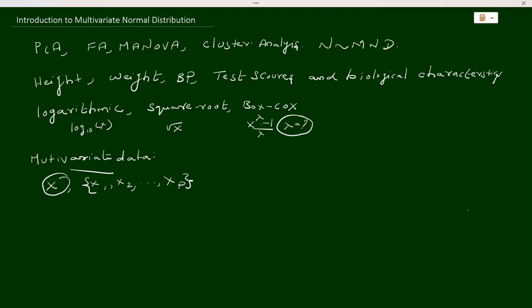For example, suppose imagine a production process.